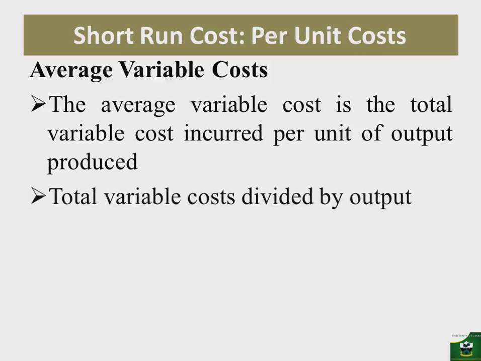How many units the firm has produced and how much has it spent on bringing in the inputs. That expenditure on the input or resources brought into the production to produce a given level of output is the total variable cost. When we divide the total variable cost by the output produced, we get the average variable cost, which is the variable cost per unit.